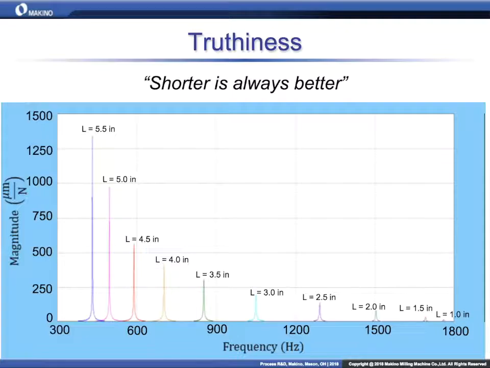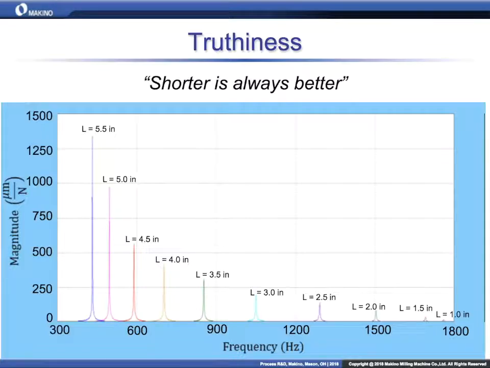What this graph shows us is the same half-inch tool, but at different stick-out lengths. You see we start at the left side, L equals 5.5. That means the stick-out length is 5.5 inches, and this is for a half-inch tool. Each of those colors is a different tool stick-out length, and then we measured the tool's dynamics at that stick-out length.